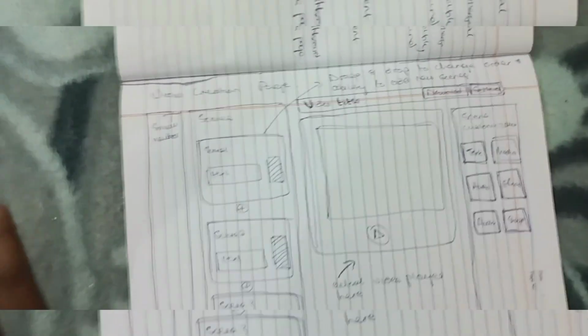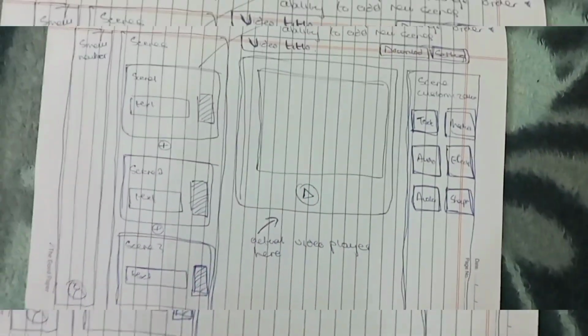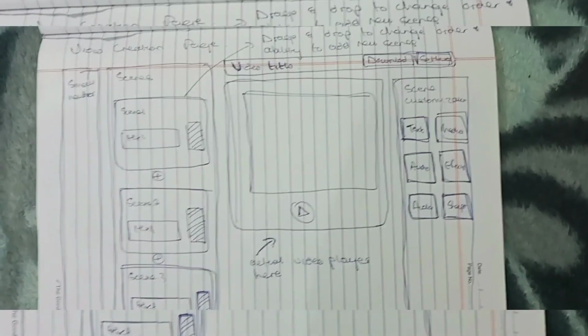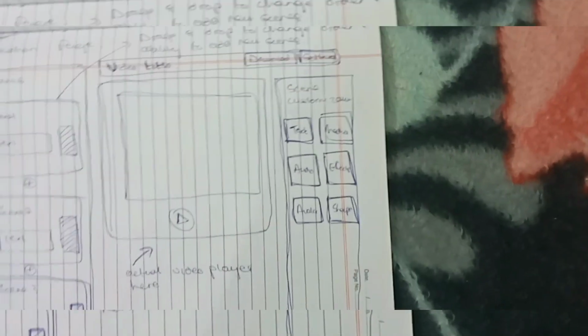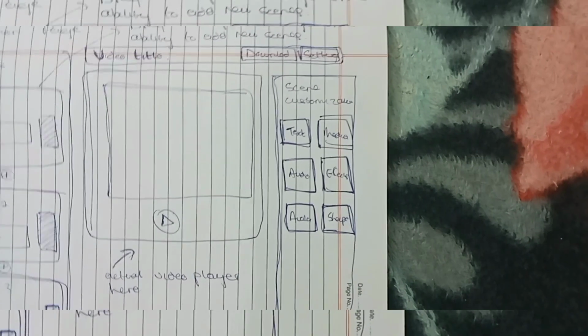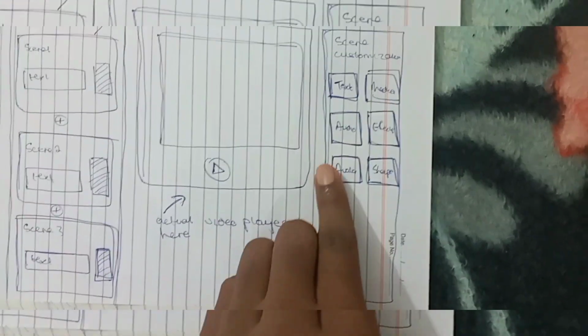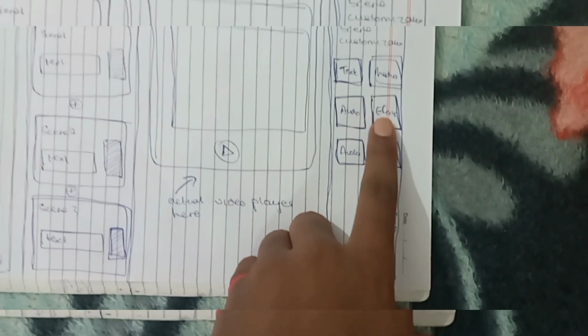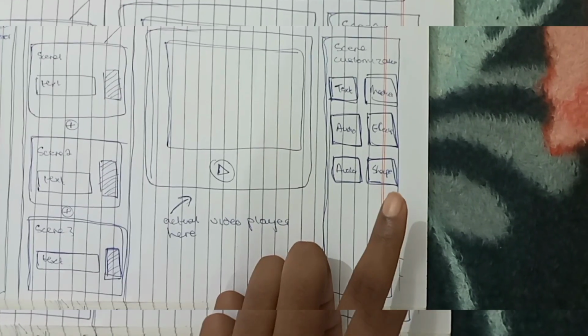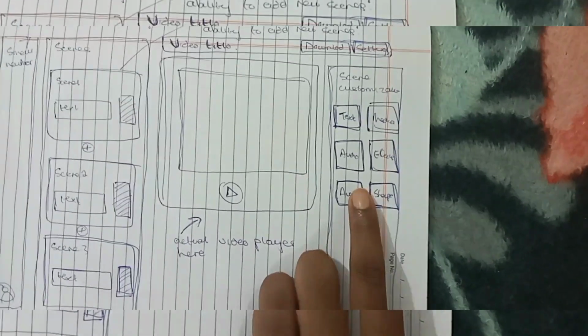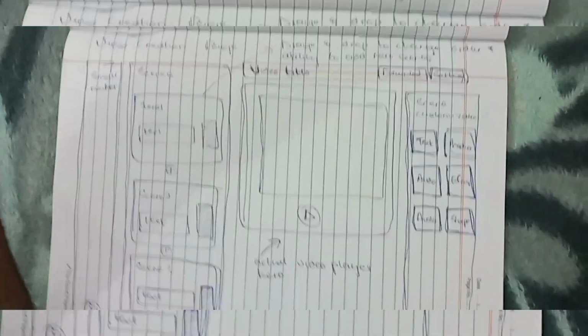Yeah. Next up is the actual video preview, where you can play the video and see what it looks like. And here we can edit the video. We have the text, the media and images, the audio, any special effects, shapes, and an AI avatar.